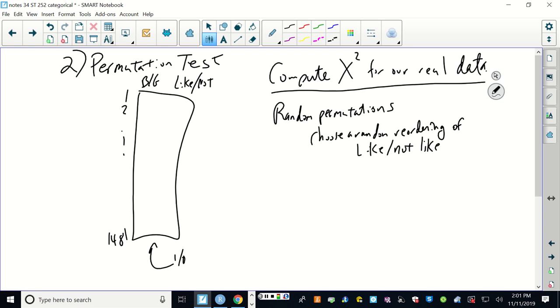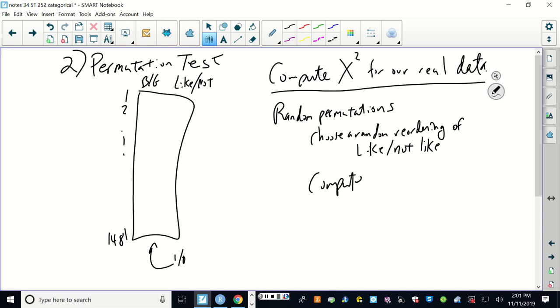So if we take all the likes and not likes that we've seen, write them down on little pieces of paper, put them in a hat, mix them up, and pull them out one at a time and put them back up there, we randomly permuted the entries. Right? And that should break any association that's there. It should just be random. It's preserved the number of likes and not likes overall, the number of boys and girls overall, but it's breaking any type of associations.